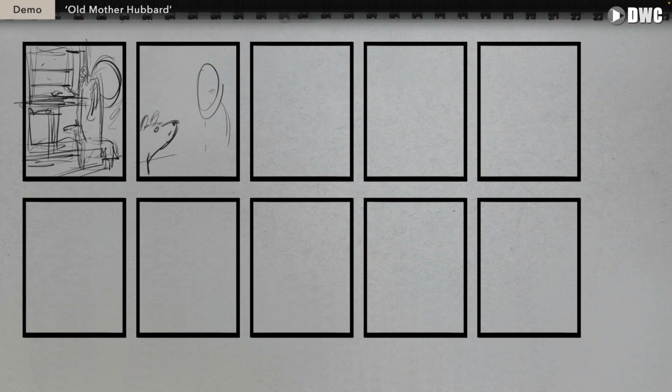And then I'm going to put old Mother Hubbard here, and I'm going to make sure she's curved over. Then I'll put the cupboard here, and it's bare, and she's looking at her dog like, oh, there's nothing for you to eat. I'm so sorry.